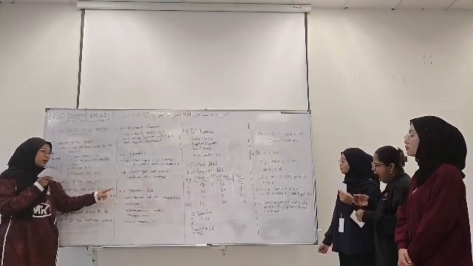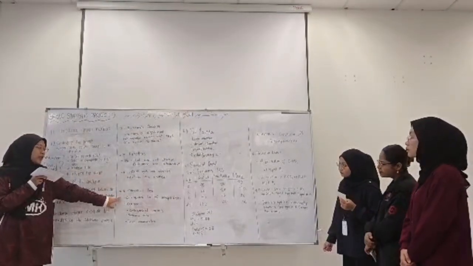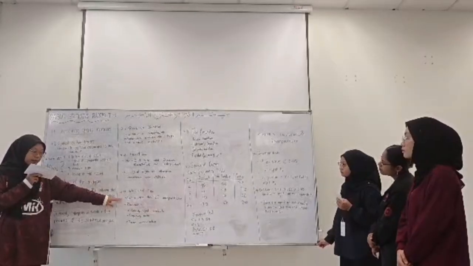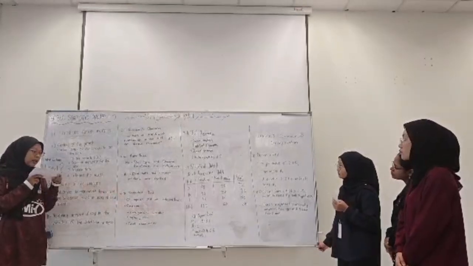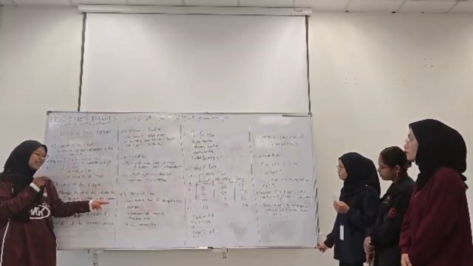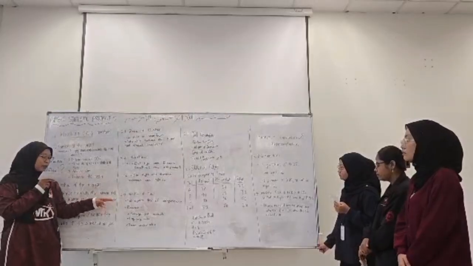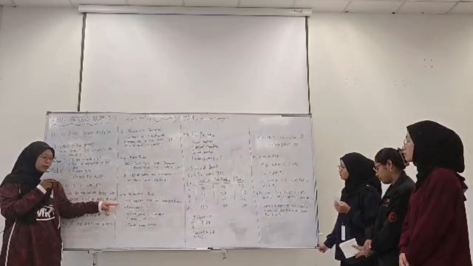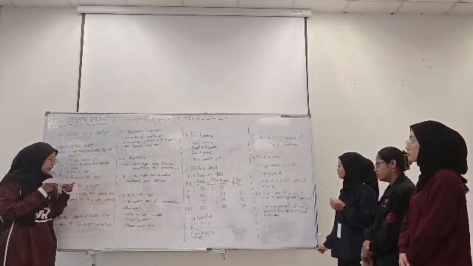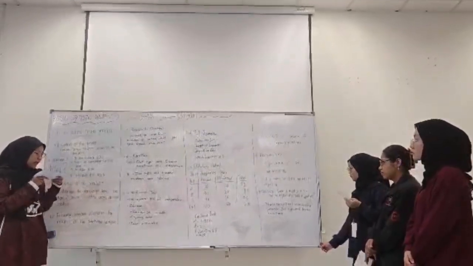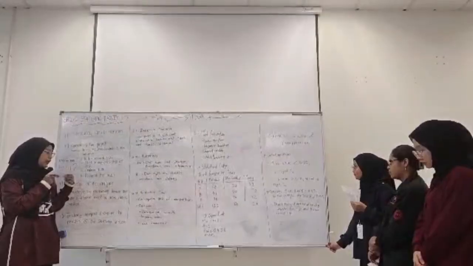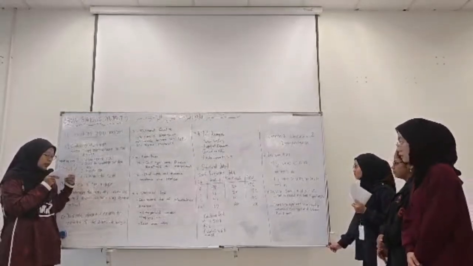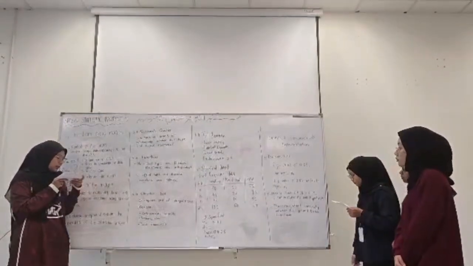For 2.3, statistical test: the statistical test selected for this analysis is the chi-square test of independence. This test is appropriate because both diet type and disease resistance are categorical variables.